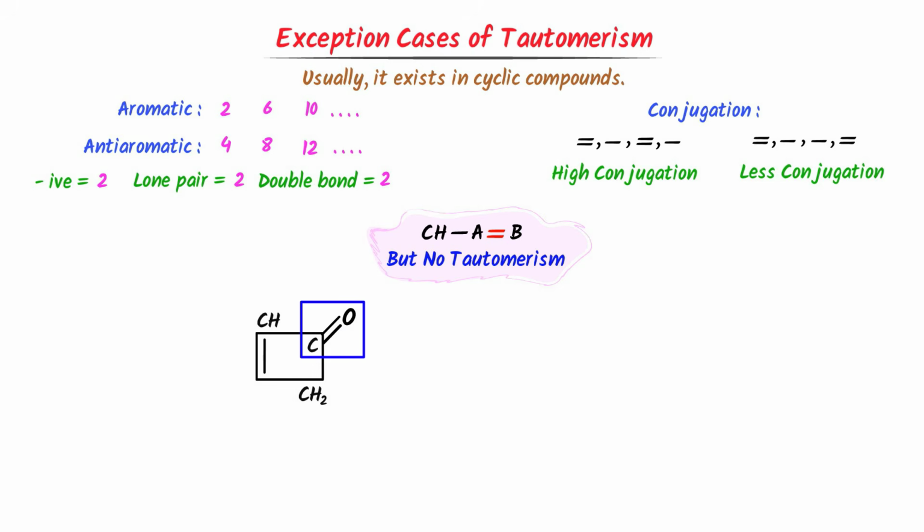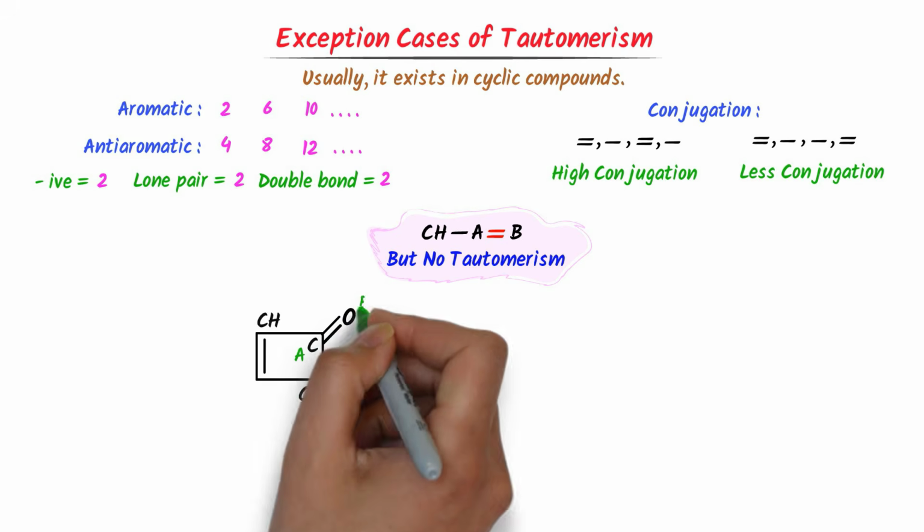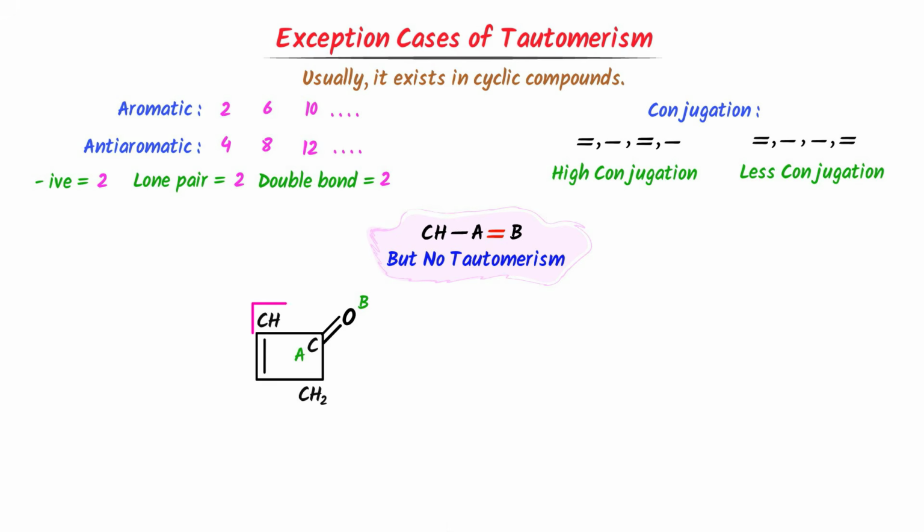This C double bonded to O is like A double bonded to B. And this CH or this CH2 is like CH. So the condition CH single bond A double bonded to B is fulfilled. I can take both this CH or this CH2, but I consider this CH2. Here, this H of CH2 is shifted to third position and the double bond is shifted to the second position.